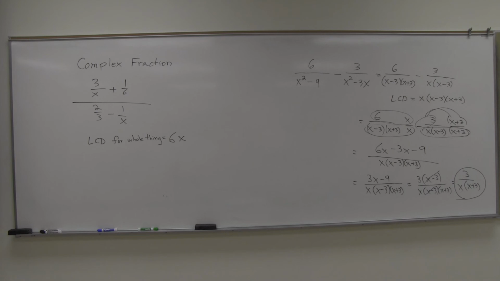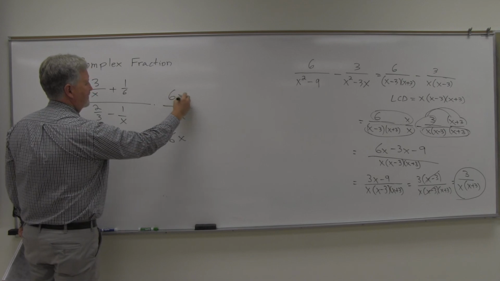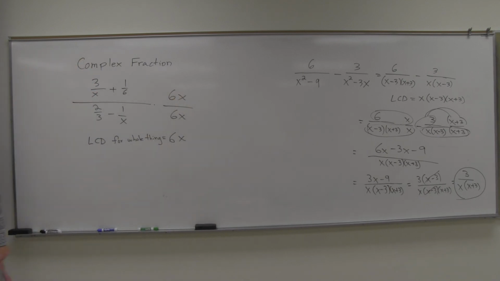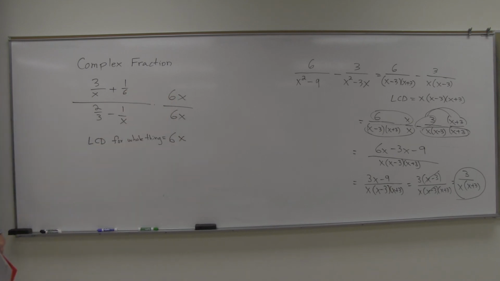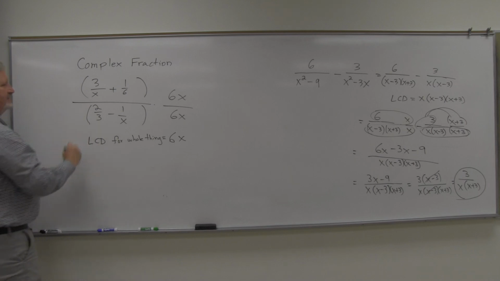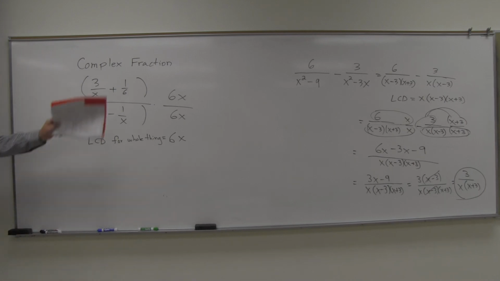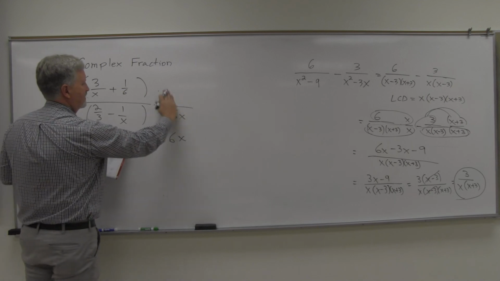Here's the little trick. Let's multiply by that top and bottom. Multiply by 6x over 6x, that least common denominator. Now, what that means is, since the top here is multiplied by 6x, let's write it up here a little closer.